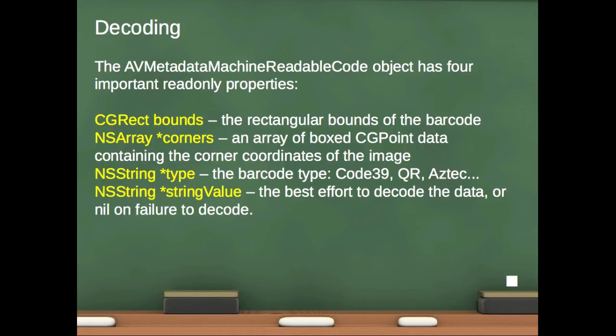So you can check that value, potentially ask the user to try to scan the barcode again, hoping for real data, or if they try it twice or three times, you can just throw that away and say, I can't do anything with this barcode. But a string value of nil is something to check for in your application to make sure that you have good data. Once you have the data in a string, you can slice and dice it any way you want to. Present it as you will.